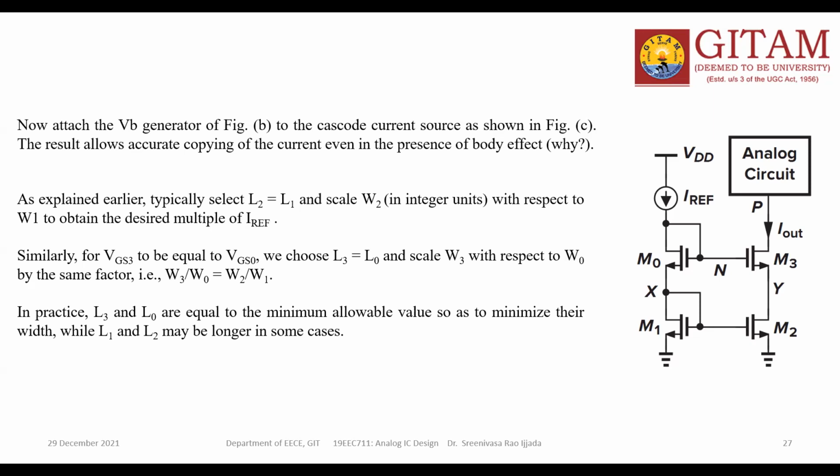Instead of allowing both W and L to vary, take one value, W, and forget about L. Make the lengths all equal, so that W2 has some relation with W1 and W3 has some relation with W0. Based on that, you got this relation: the ratio of the above two transistors is equal to the geometrical ratio of the bottom two transistors.